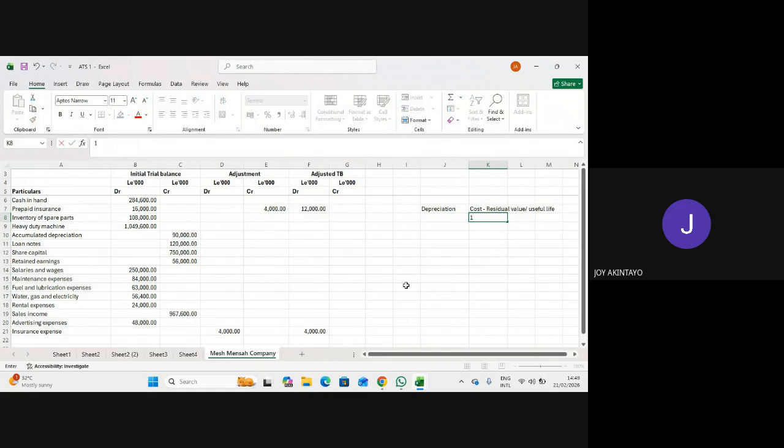Let's base it on thousands, so 1,149,600. What is our residual value? The residual value is 49,600. So everything divided by, what's the estimated useful life?